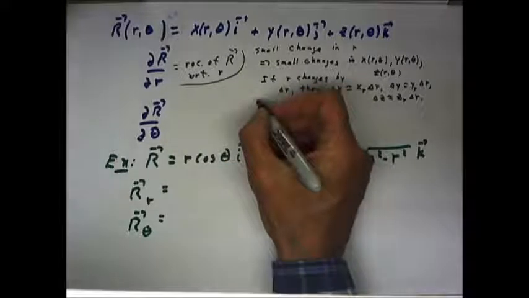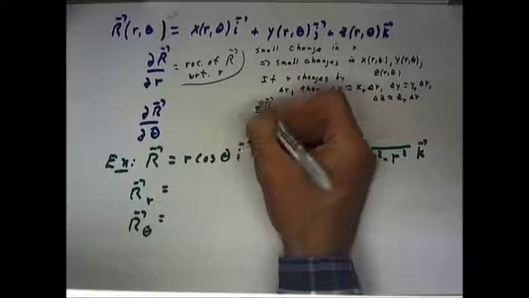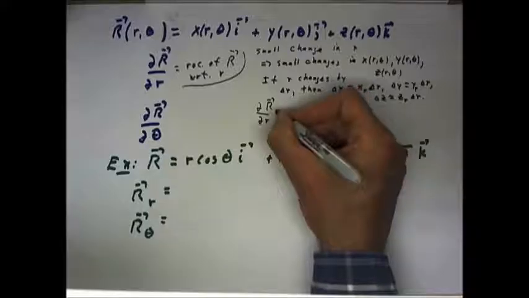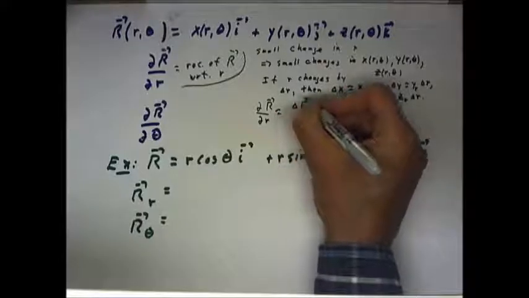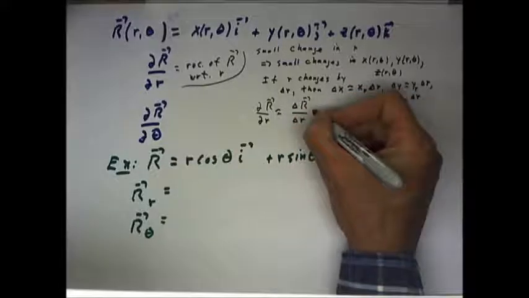Now the partial of our vector function r with respect to little r is approximately equal to the change in the vector function divided by the change in little r.